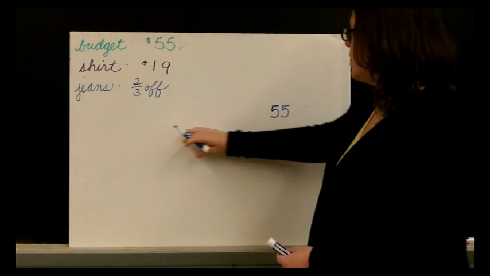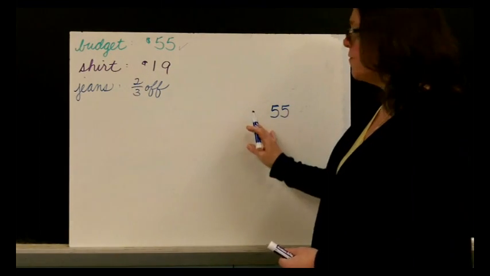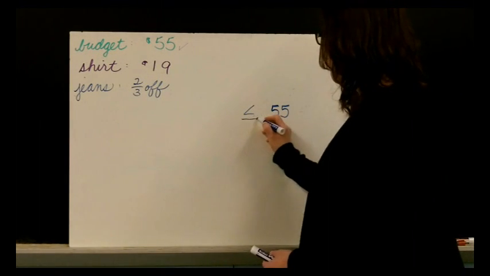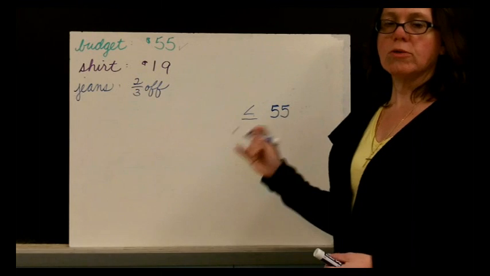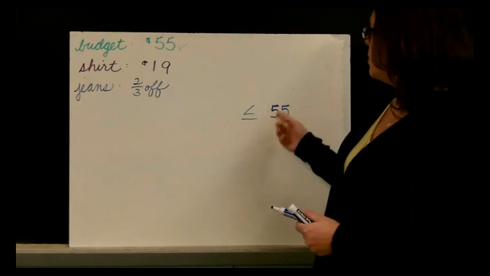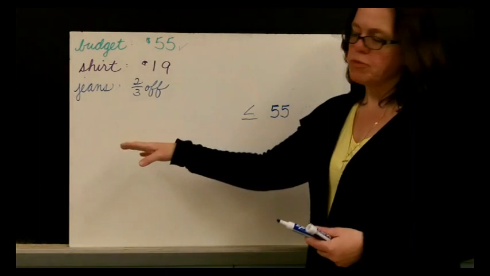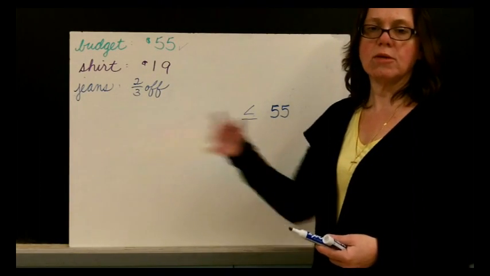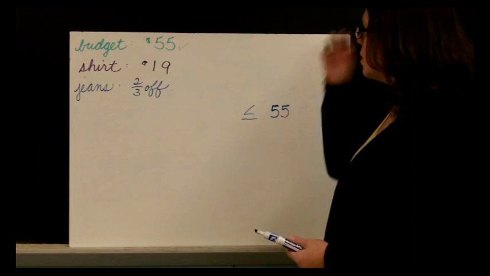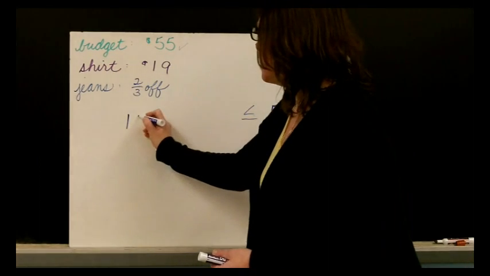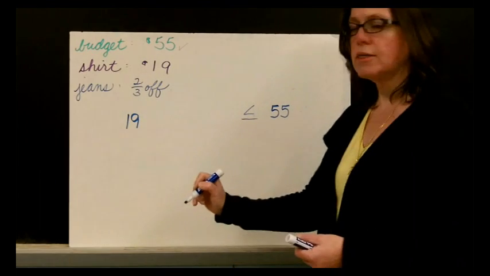We know that this is the absolute most that we can spend. So anything that comes before the 55 has to be less than or equal to it. If the number is the most that we can spend, then everything that precedes it has to be less than or equal to it. What else do we know? We know that our shirt costs $19. That'll be our constant.